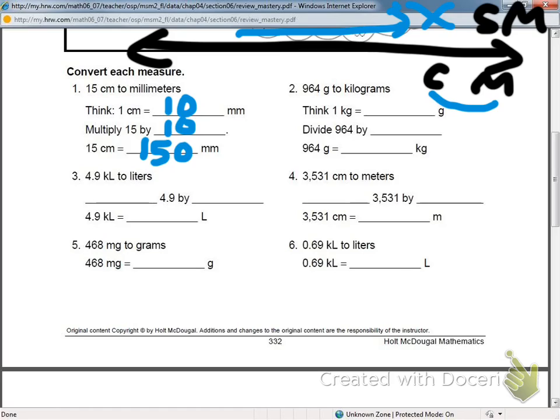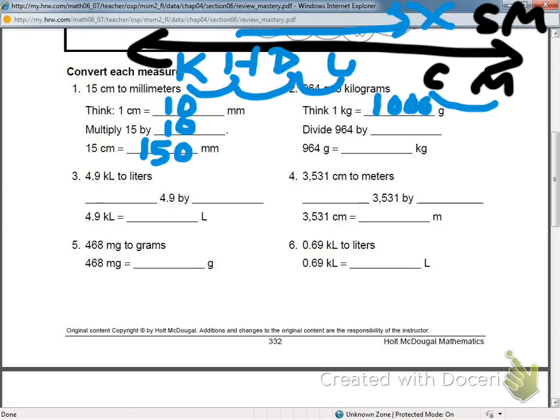That is correct. On number 2, now I'm going from grams, which is a unit measure, to kilograms. So I'm moving 1 to deca, 2 to hecta, and another 1 to kilo. So I'm moving 1, 2, 3 times. So I'm moving 1,000 grams. Because I have 3 zeros, I'm moving 3 times.